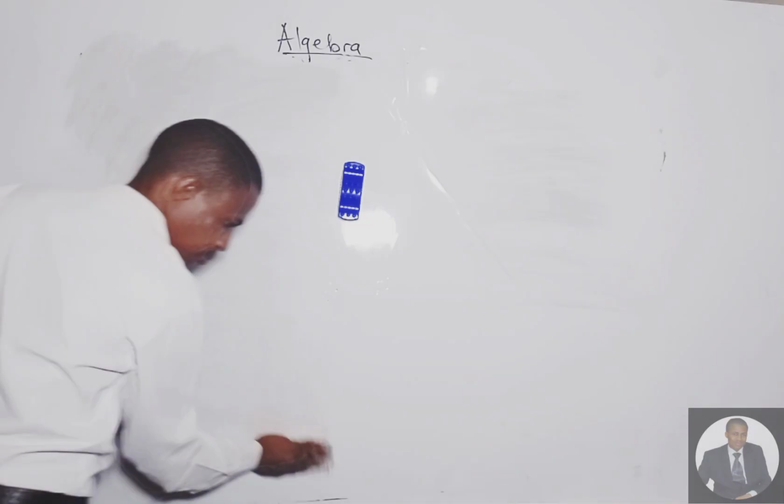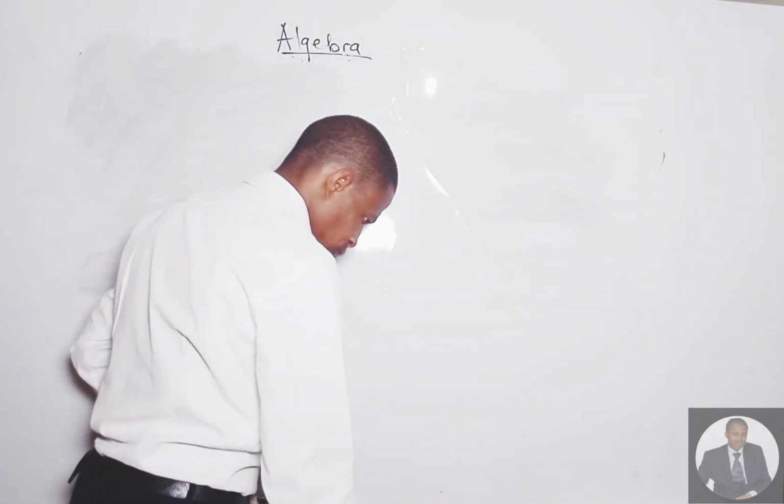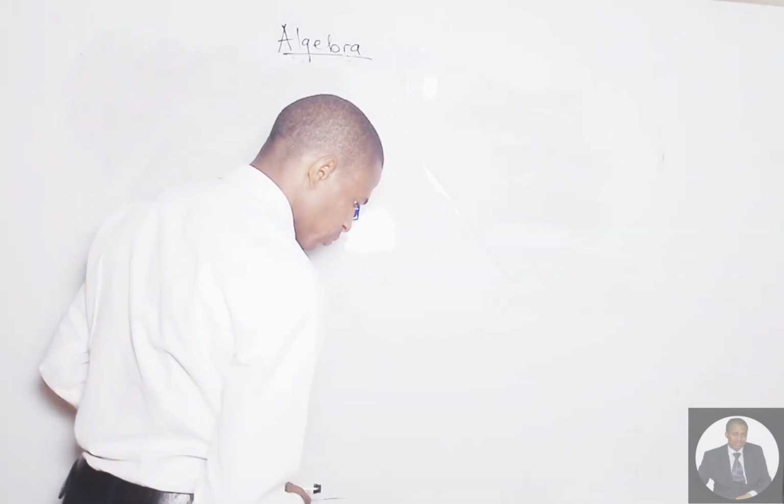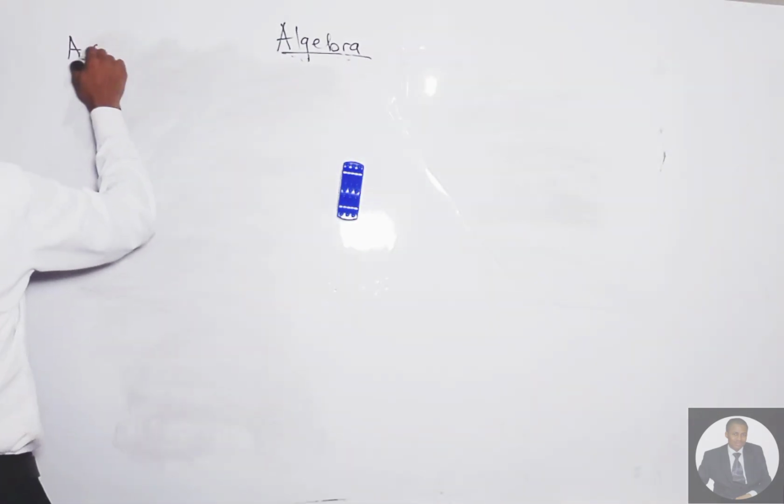Let's look at algebra here. A cyclist travels at an average speed of 15 km per hour.